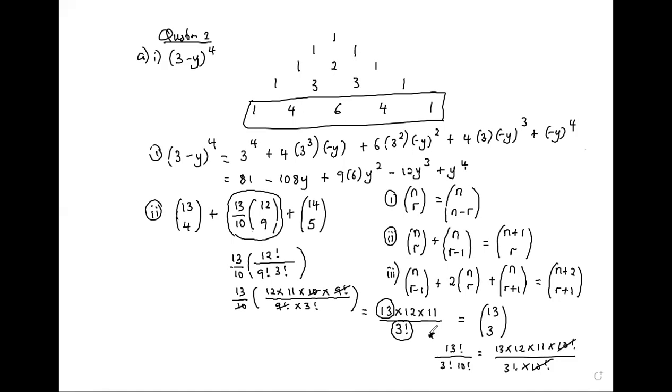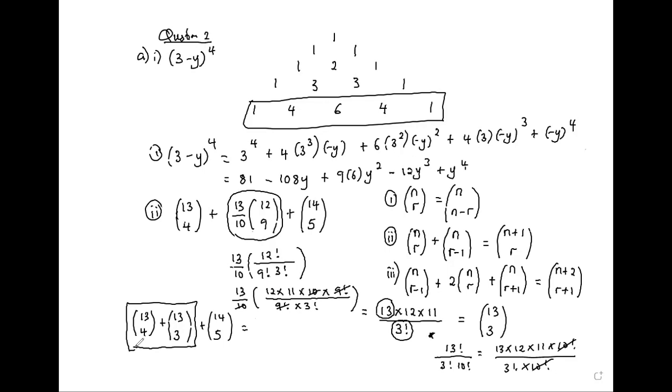So now we go back and substitute. If you look here, we have 13C3, 13C4, and then plus 14C5. Now we use property number 2 to handle this. You see, there's nCr plus nC(r minus 1).